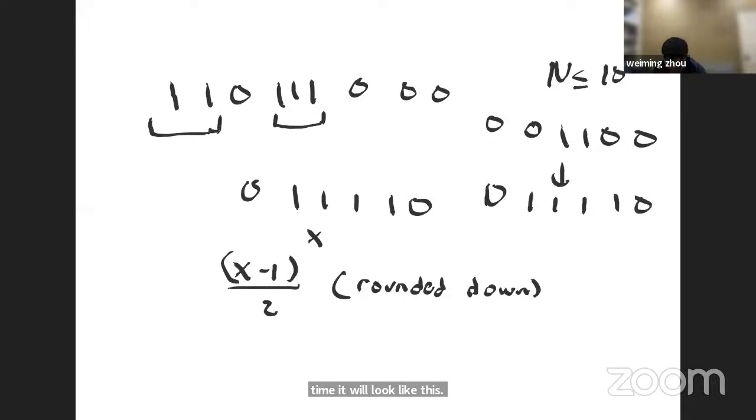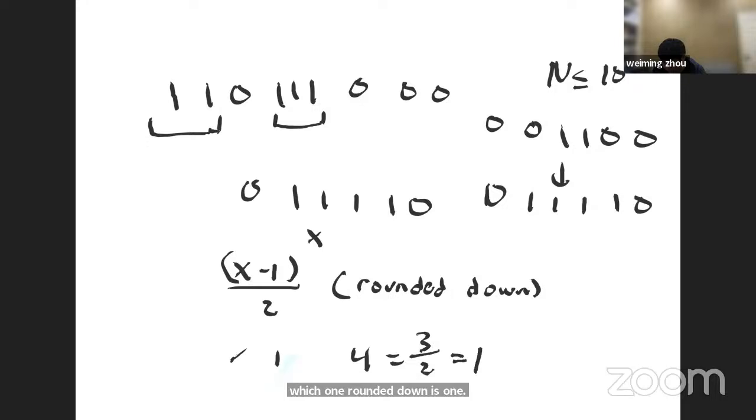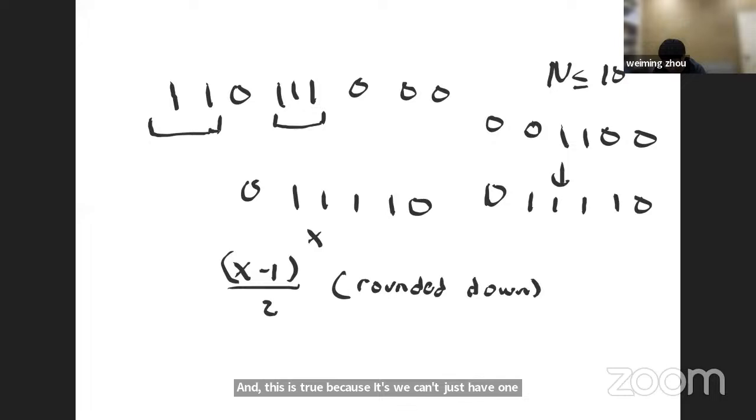So if the length is x, then it will end up being x minus 1 divided by 2 rounded down. So in the case of 4, for instance, it will be 3 over 2, which when rounded down is 1. And this is true because we can't just have one cow at the very center, since if we had one cow, it would spread out in a length that's always odd, and it can't make the even length that is required here.